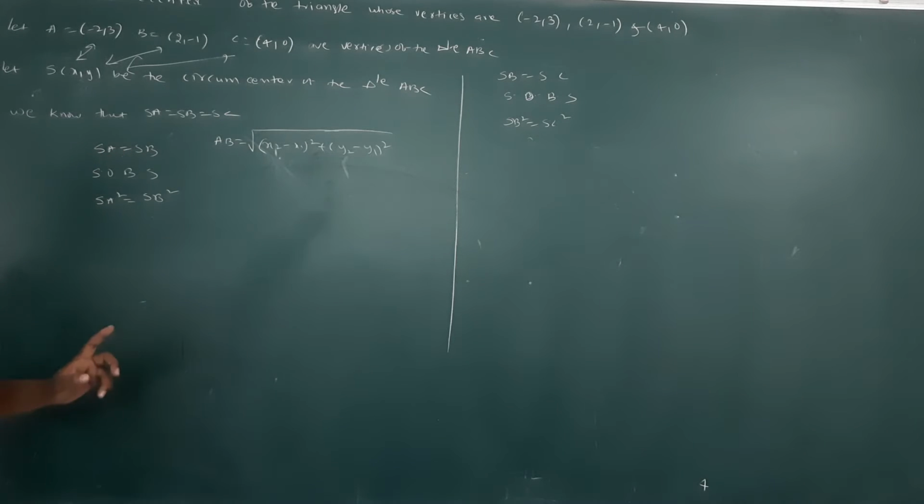SA is equal to SB, squaring on both sides. SA square is equal to SB square.